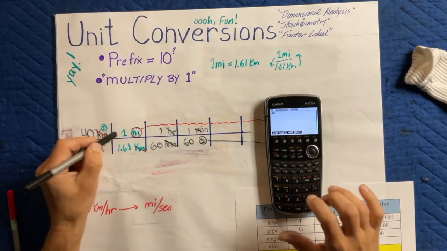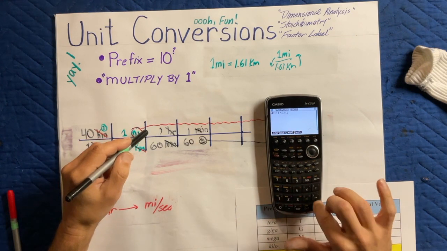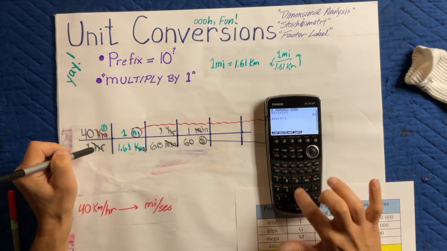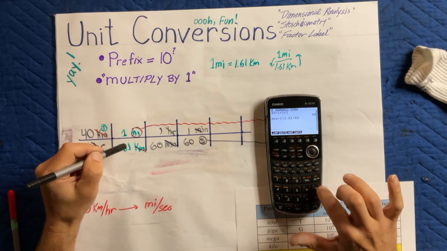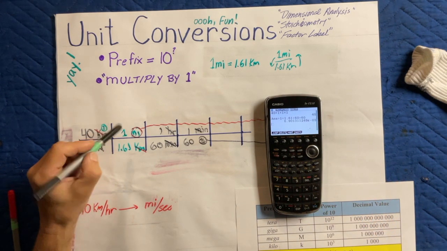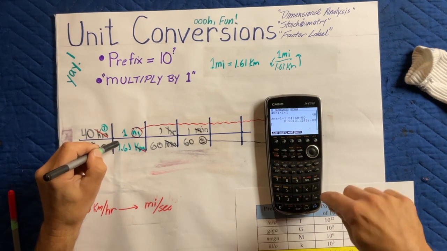So we're 40 times 1 times 1 times 1. Oh, that was redundant. Divided by 1, super. Now divided by 1.61, divided by 60, divided by 60. Now notice what I did when I just said that. I did divided by that, divided by that.